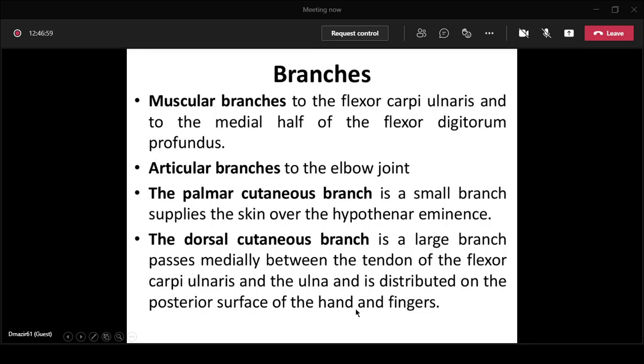So there is a palmar cutaneous branch, a dorsal cutaneous branch, articular twigs to the elbow, and muscular branches to the flexor carpi ulnaris and the medial half of the flexor digitorum profundus, that is, in the forearm it has two muscular branches. The rest of its distribution is mainly in the hand.